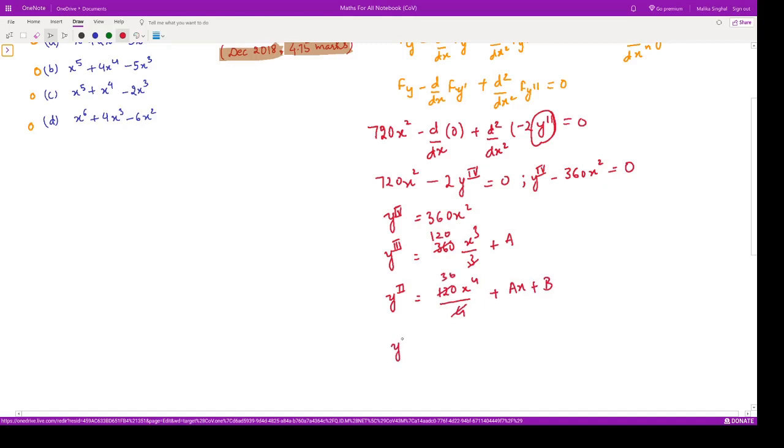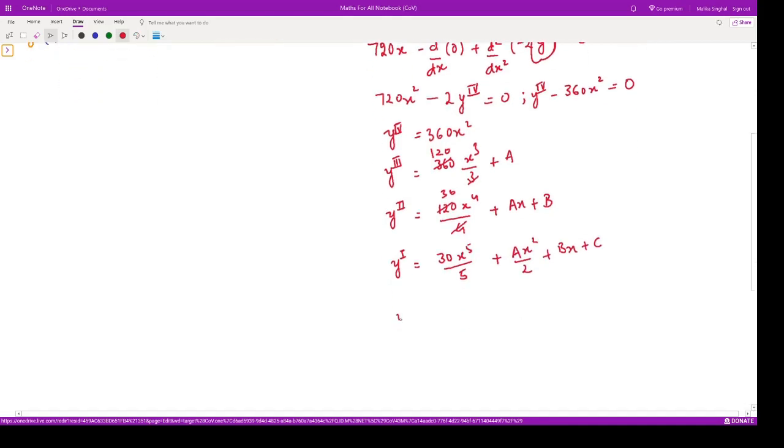Let us integrate once more. The first derivative of y is 30x⁵/5 plus ax²/2 plus bx plus c. Let us integrate once more. We will have y, so it would be 6, right? So we have 6x⁶/6 plus ax³/6 plus bx²/2 plus cx plus d. We are simply integrating again and again, so this would be our y.